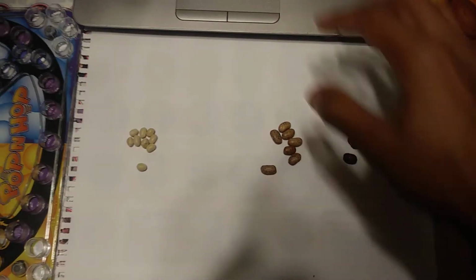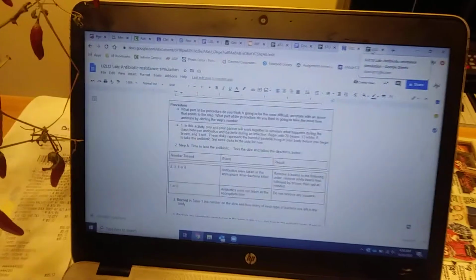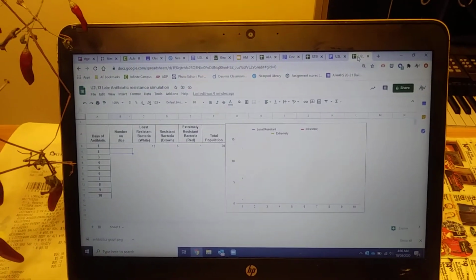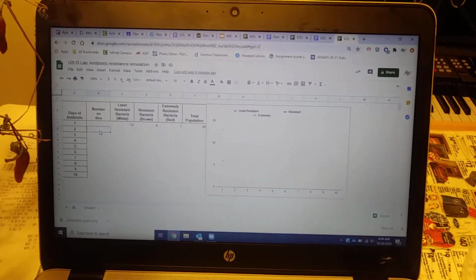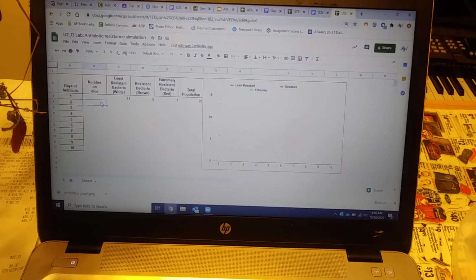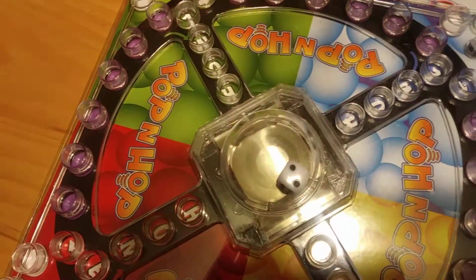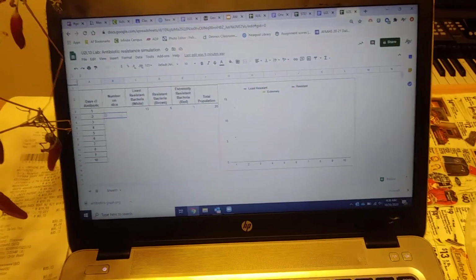Okay. Now we need to record our findings. We'll record it into our table here. So this would be the number on the dice, which is 2.